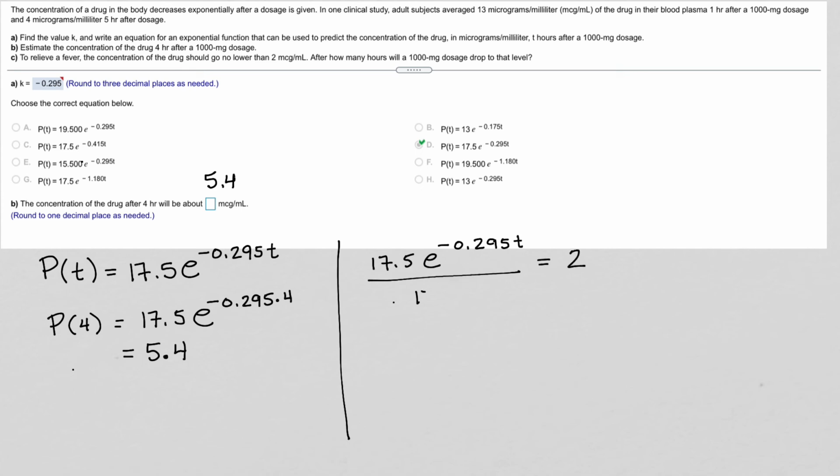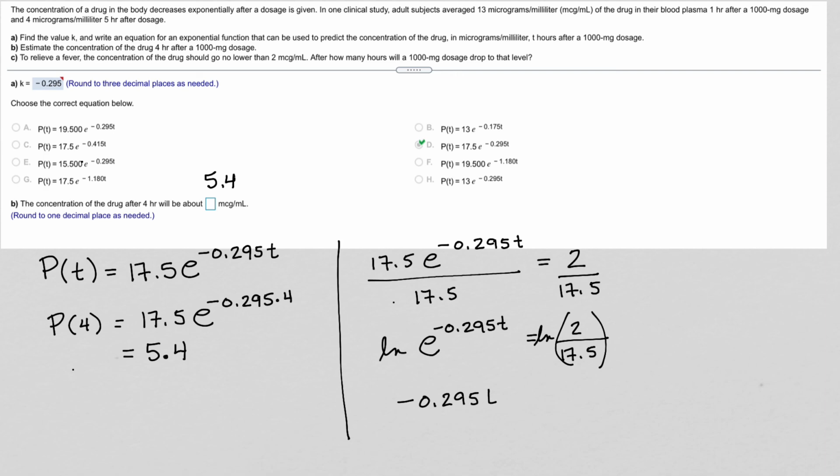I can divide both sides by 17.5, and this is e to the negative 0.295 t. And then take the natural log of both sides, as we so often do. And I get negative 0.295 t is equal to the natural log of 2 over 17.5. And divide by negative 0.295.